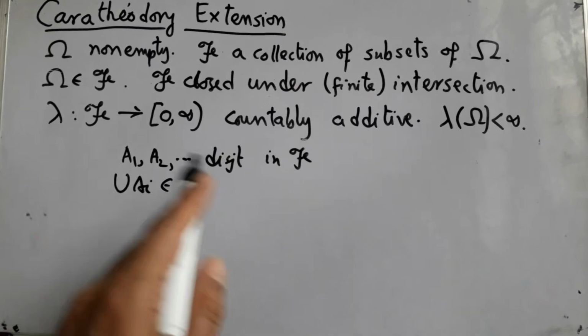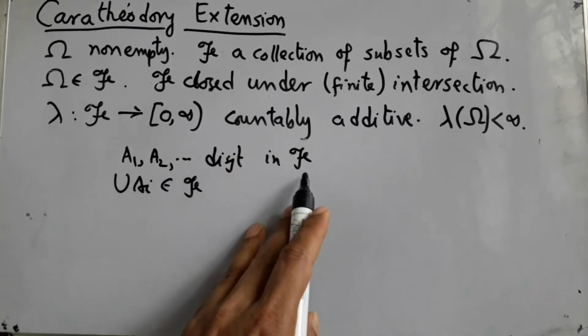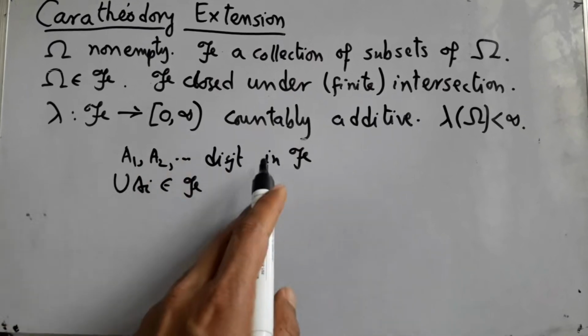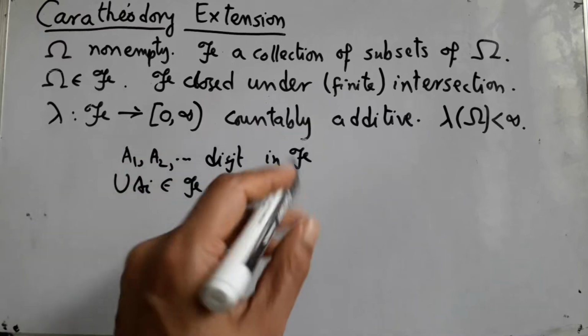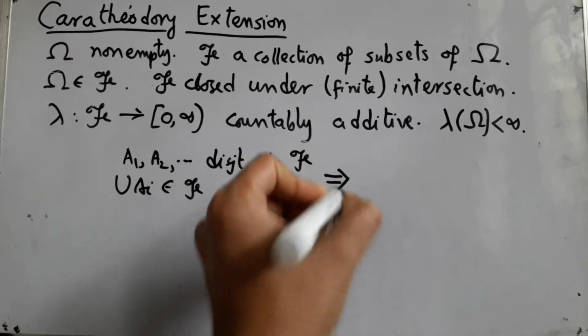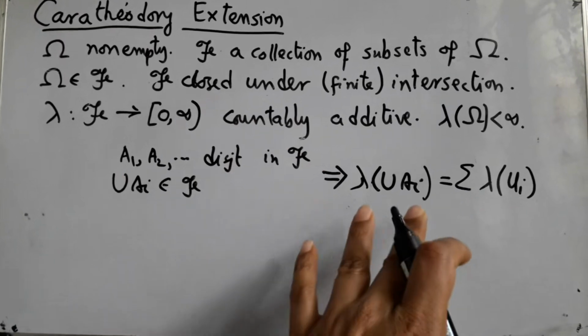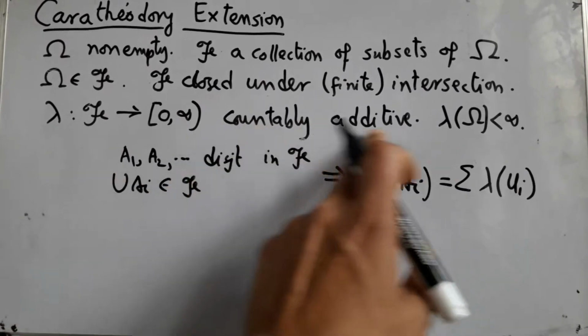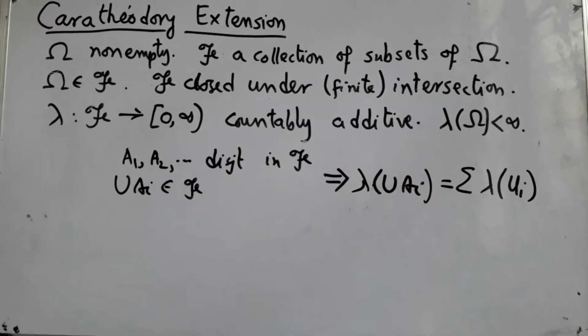So your Ai's must be disjoint, they are in script F, and their union is in script F. I am not saying whenever this condition holds, this must also hold. If both the conditions hold, then we have lambda of union Ai equals summation lambda of Ai. So this entire thing is what is meant by countably additive.